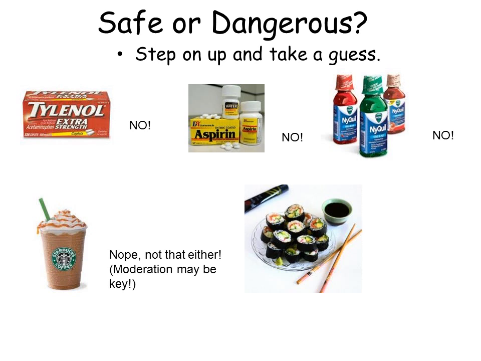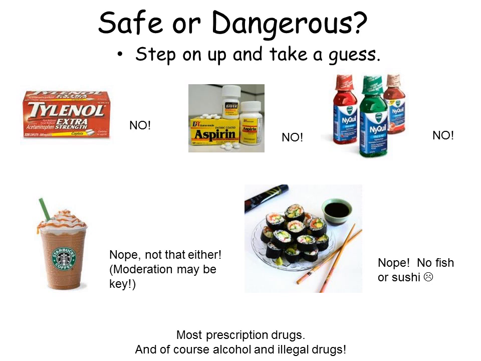Here's another one we don't think about. Sushi, fish. They can't have that either because of mercury levels that appear in fish. Most prescription drugs, and there are websites that you can search the names of medications, and they classify them from A to D. So A is safe.